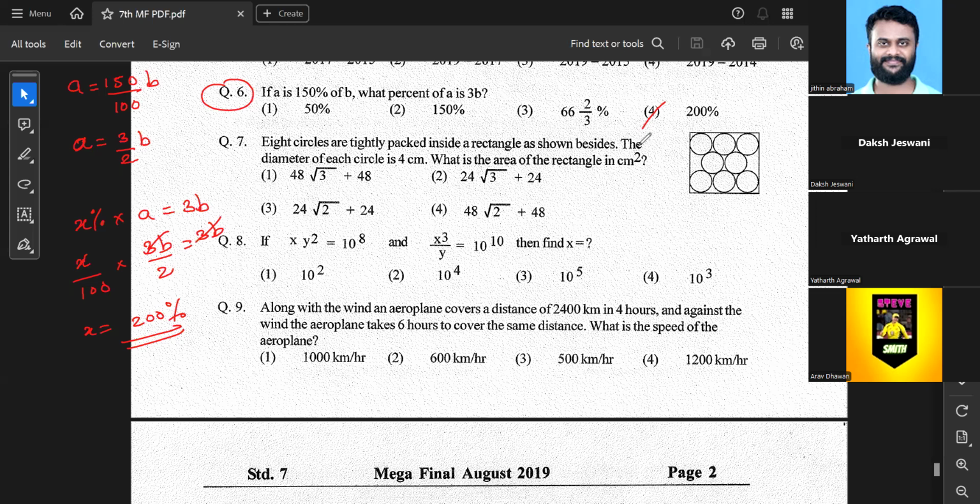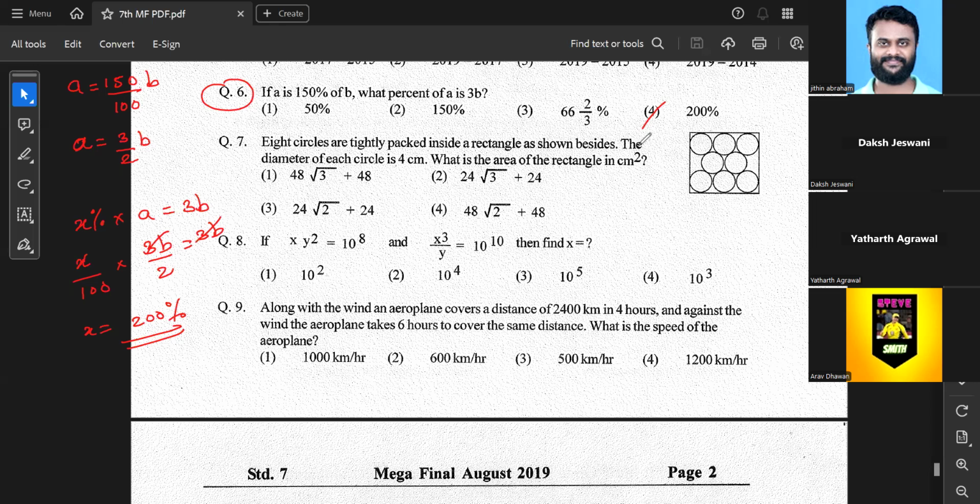Sir, can we also just assume A is 15 and B is 10, like that? A is 150% of B. Yeah, it can work.